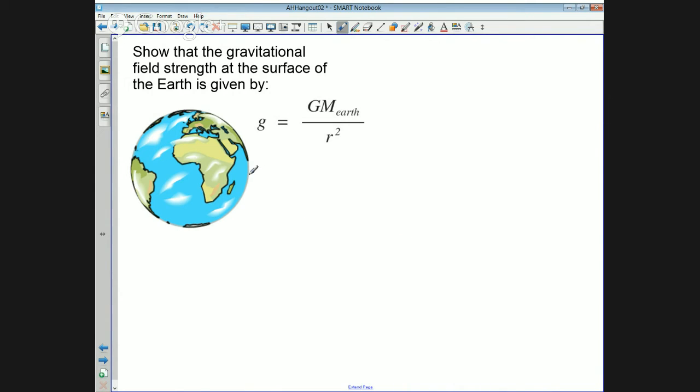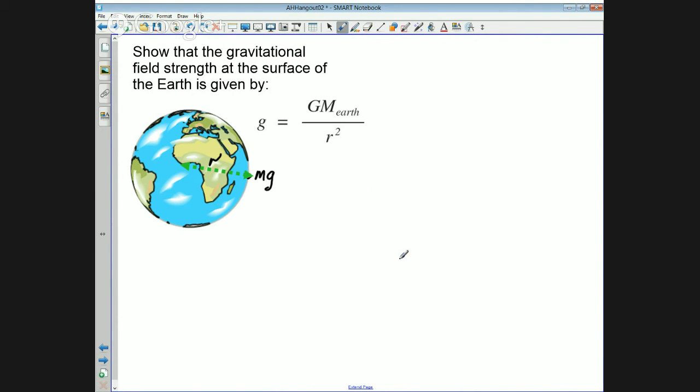So let's look at a mass which is sitting on the surface of the Earth, and we know the gravitational force at the surface of the Earth is going to be mg, mass times gravity. But in terms of the gravitational field strength, we go from the centre of the planet out to that point, and that will be a distance r.